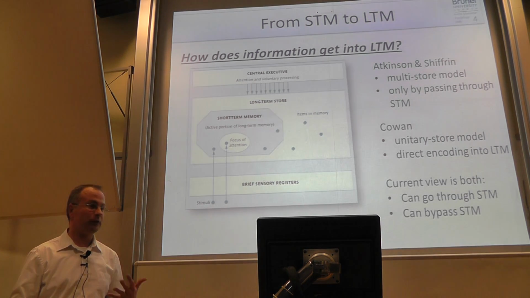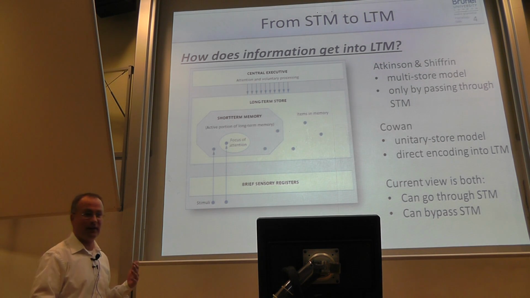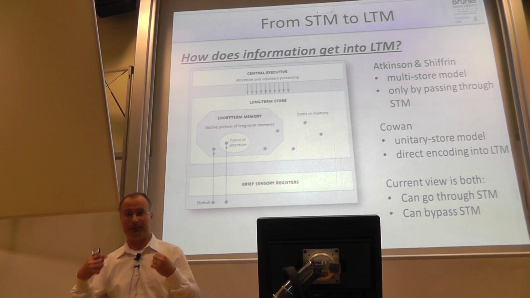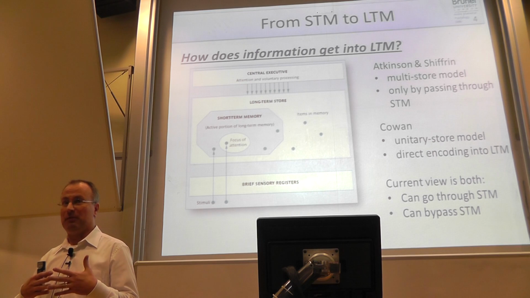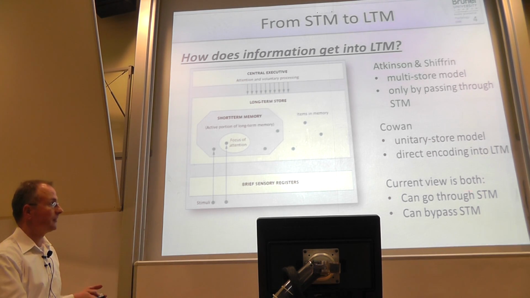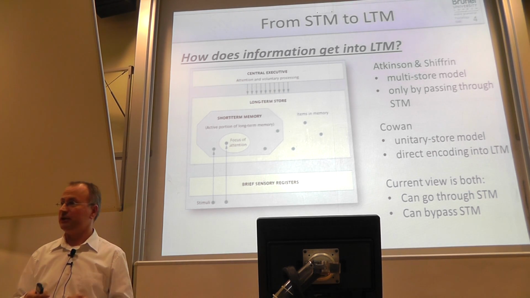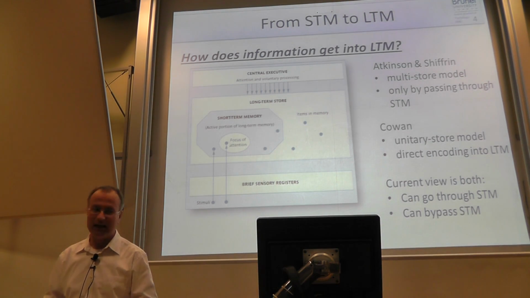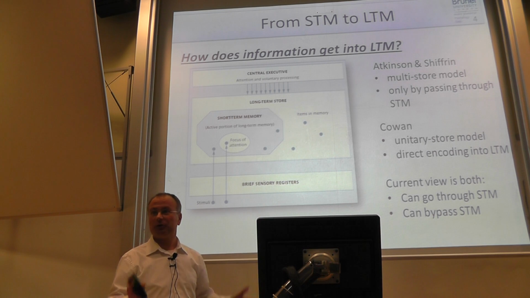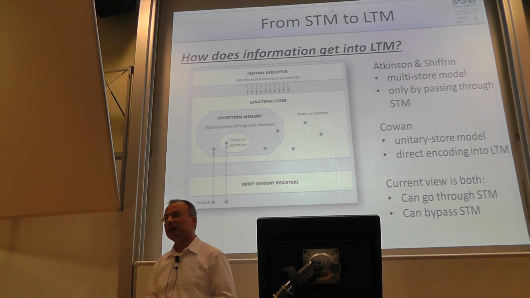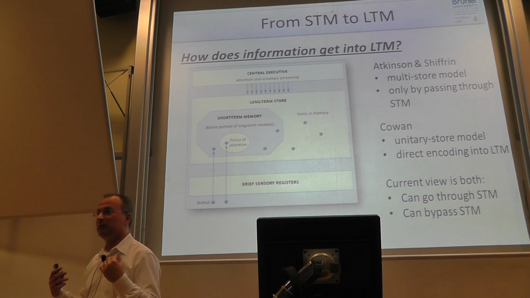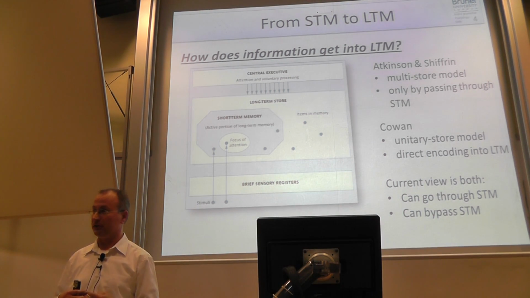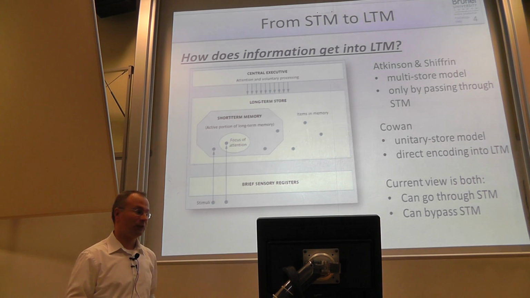The current view is basically both: information critically gets into long-term memory by first going into short-term memory, however, it has also been shown that information can be encoded directly into long-term memory. With respect to the models, we don't go into any more detail. It's important to remember that we don't always need short-term storage.